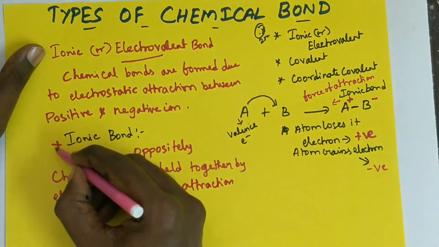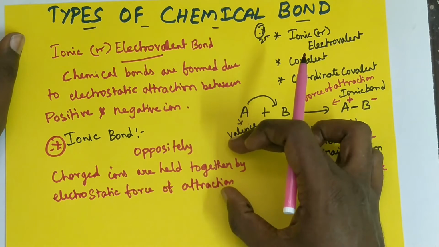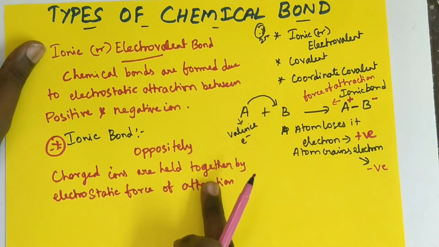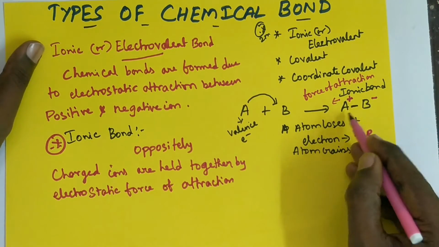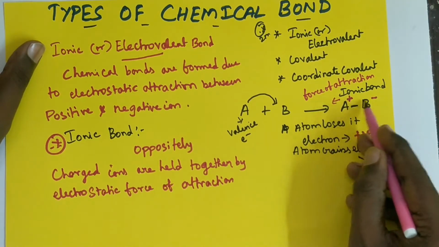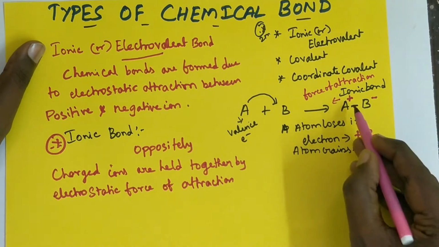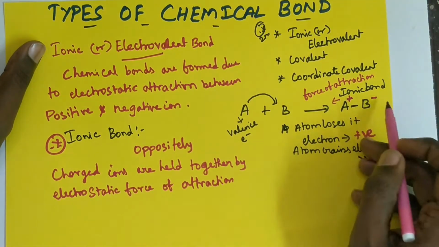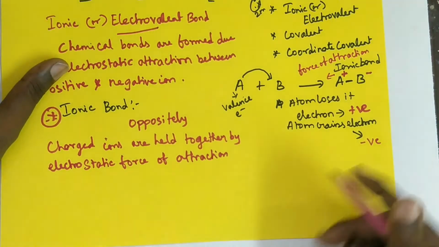This is the definition for ionic bond. Suppose they ask in the exam, you write these two lines alone. Ionic bond means oppositely charged ions are held together by electrostatic force of attraction. That's why the bond forms between AB, because A is positive and B is negative. If opposite charges, then definitely there is a force of attraction. If same charge, then force of repulsion.